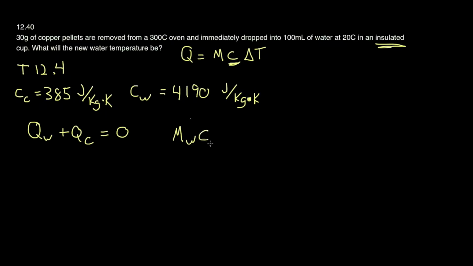And so another way to write this is just the mass of the water times the specific heat of the water times delta capital T, plus the mass of the copper times the specific heat of the copper times delta T. This is going to be equal to 0. Okay, so now what are these delta T's?